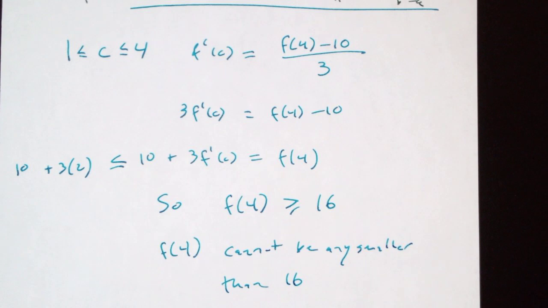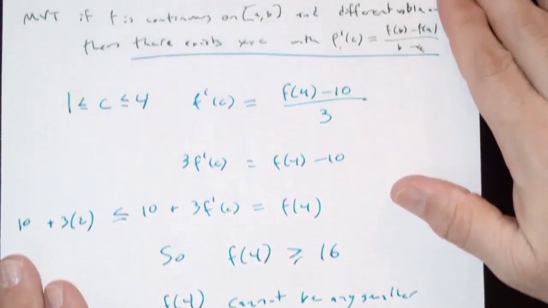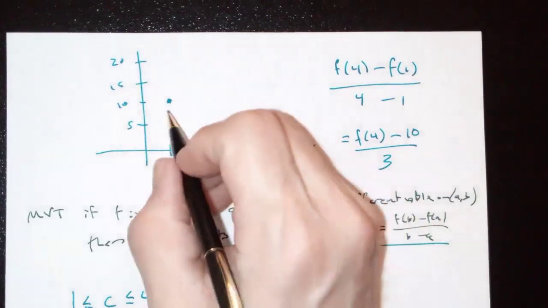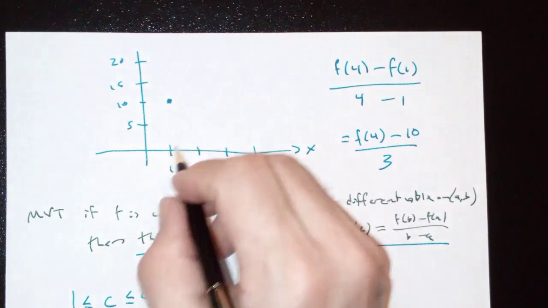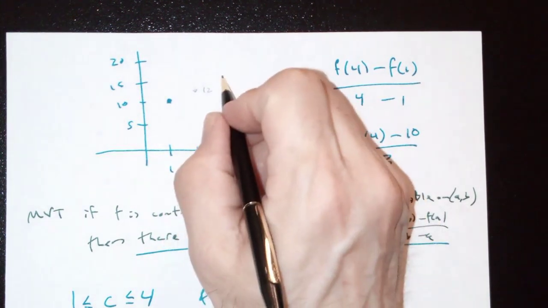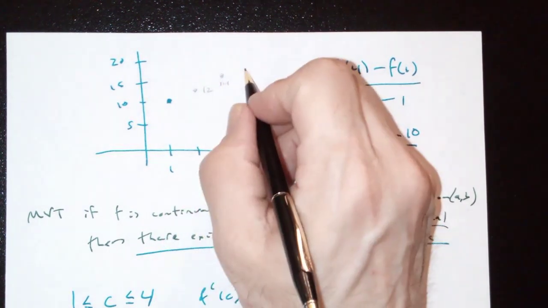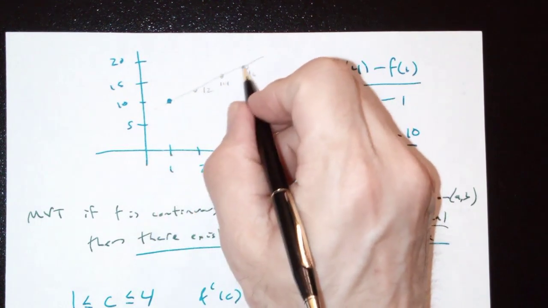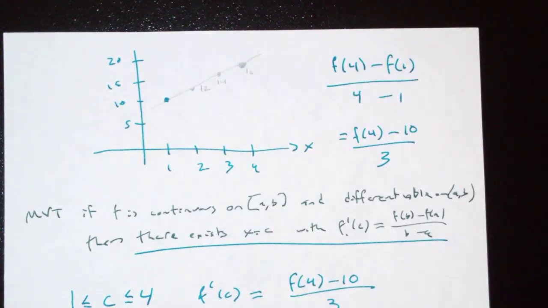Now, let me go back to the picture because you said I don't know how to draw this, right? So here's what I'm going to do. On this picture, I don't know very much about f, but I do know it goes up at a rate bigger than a rate of 2. So every time I move over, I'm going to go up 2. There's the line whose slope is 2, right?